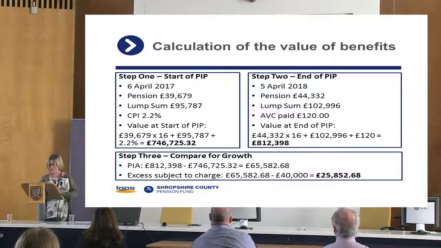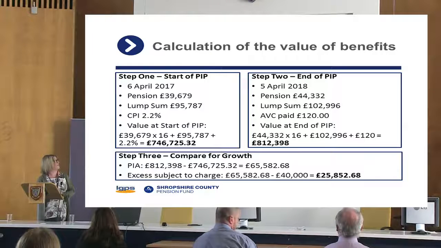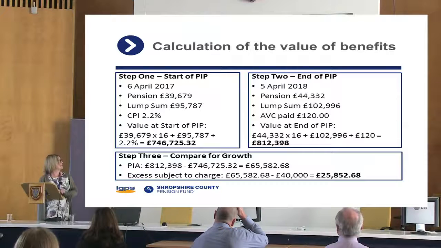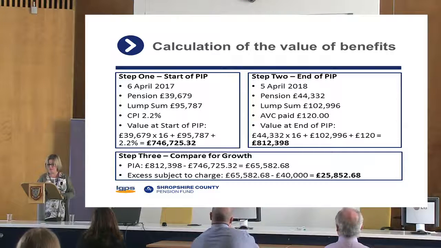For this case, this person had a pension of £39,679 at the beginning and a lump sum of £95,787. So you get the pension and you multiply it by 16, add on the lump sum, and then we add on CPI, which is the Consumer Price Index, which would be the rate of the CPI the September previous.